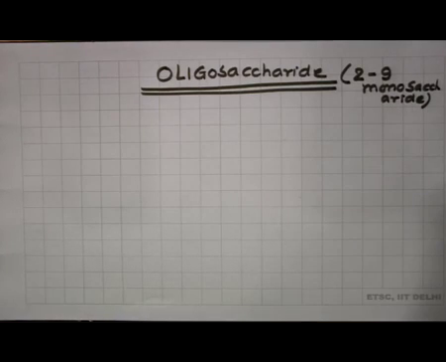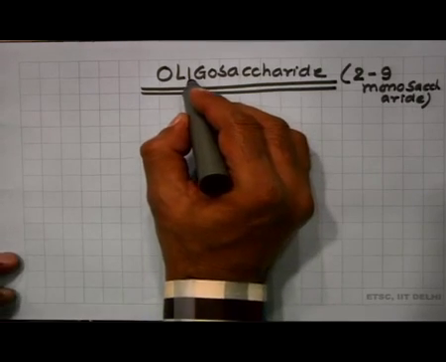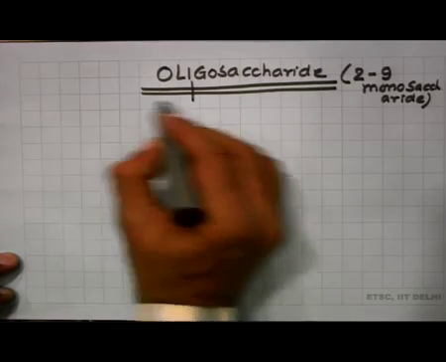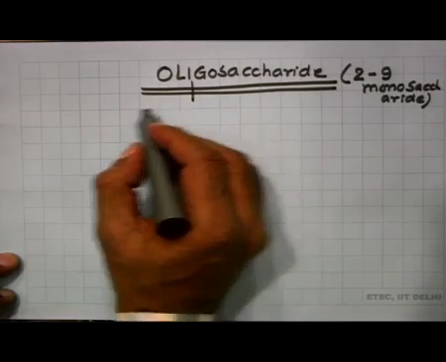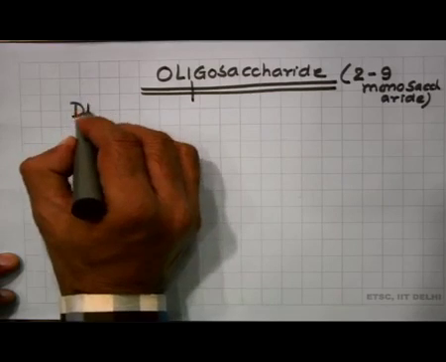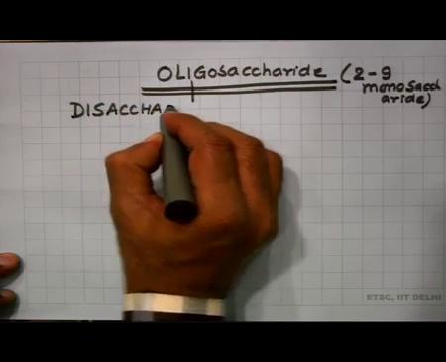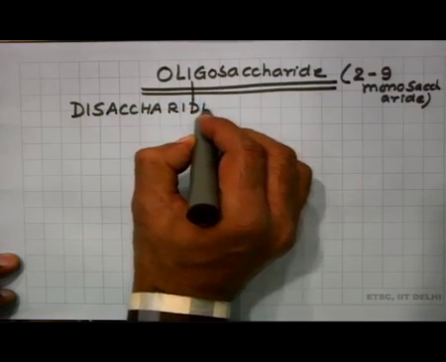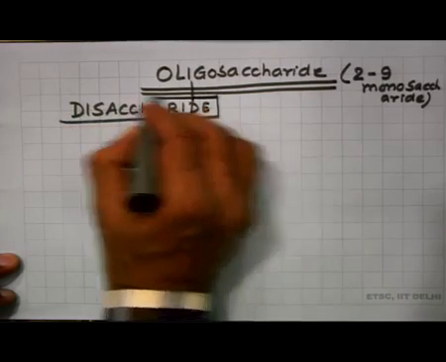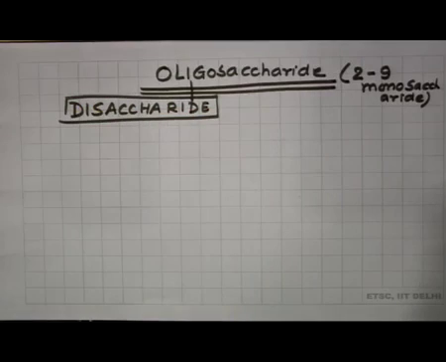Now, when it gives 2 monosaccharides after the hydrolysis, that type of oligosaccharide is called disaccharide. As the term indicates, the saccharide which after hydrolysis gives 2 monosaccharides is called disaccharide.